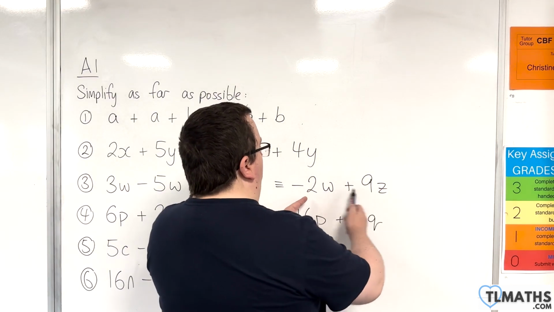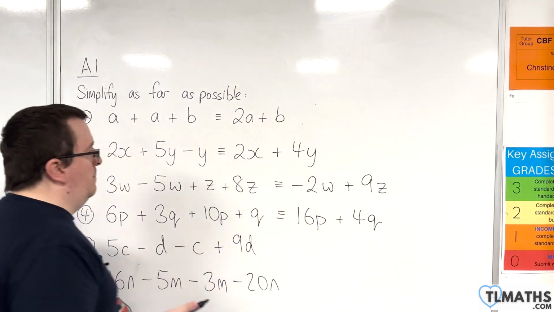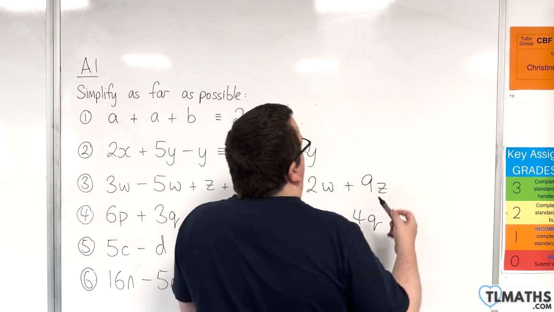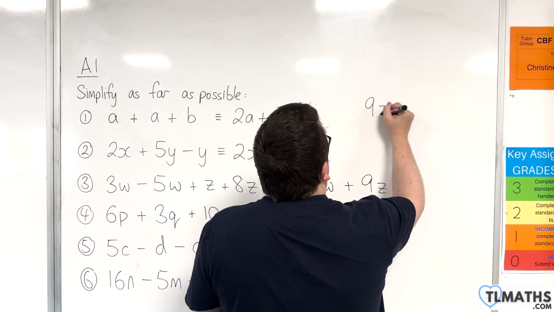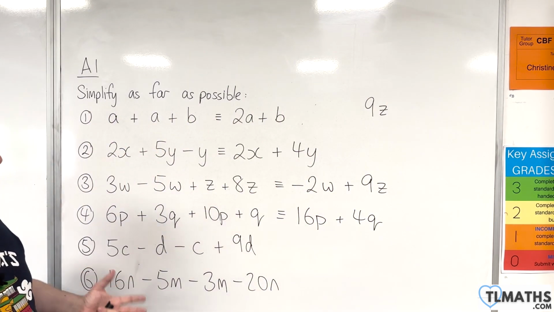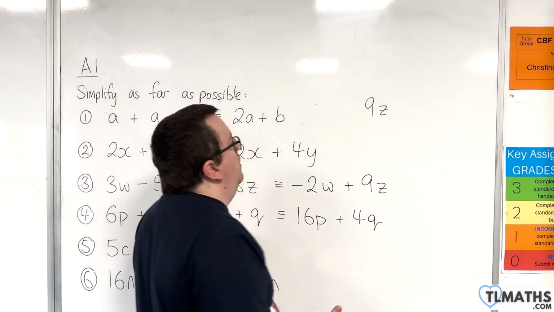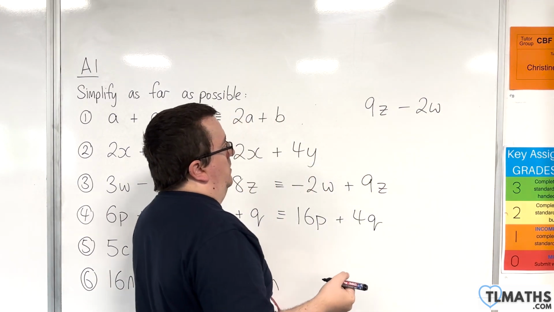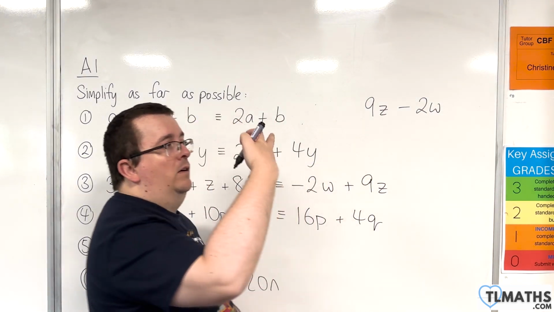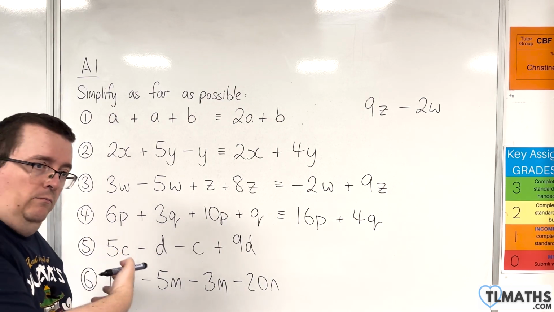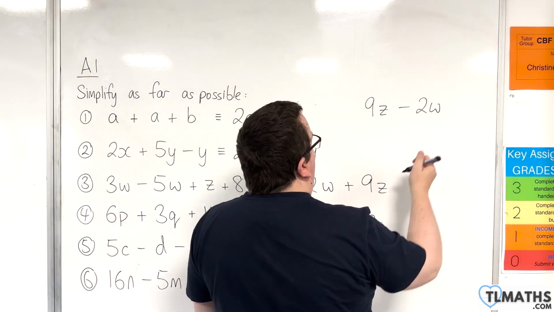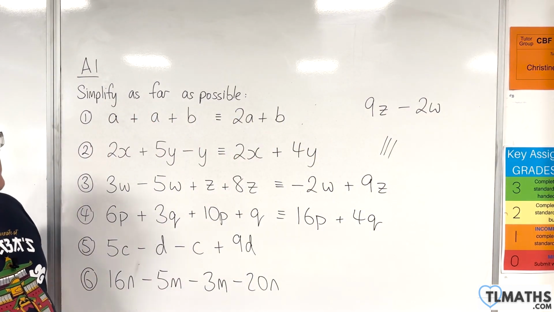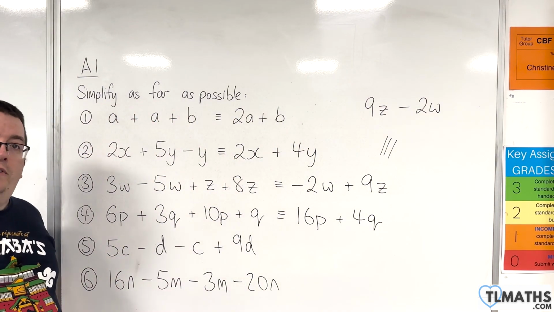But if we go back to number 3, minus 2w plus 9z, there was no reason why we couldn't have collected the z's together first and got 9z, and then had take away 2w. Adding minus 2w is the same as just subtracting 2w, so these two things mean the same, and either answer would have been perfectly fine.